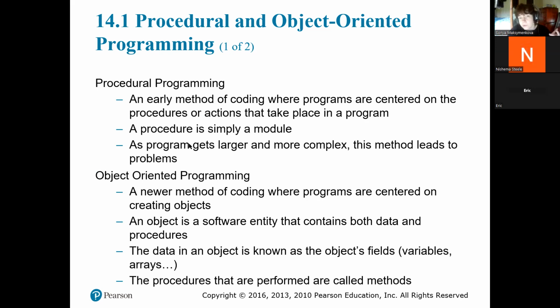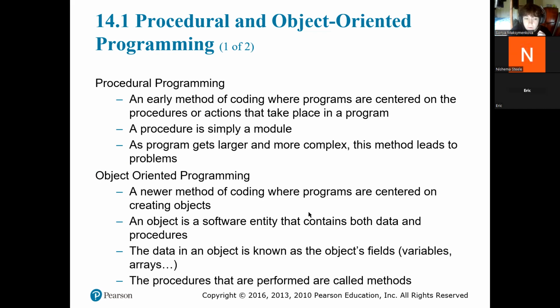However, as our programs get larger and more complex and they take thousands and thousands of lines of code, this method presents a problem for us, because procedural programming will give you a lot of errors the more code you have to work with. So this is where object-oriented programming came in. In object-oriented programming, the first word is what you have to focus on: objects.